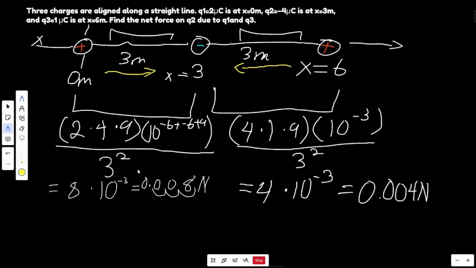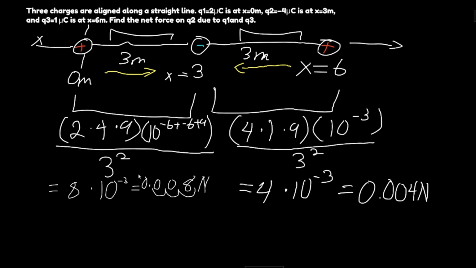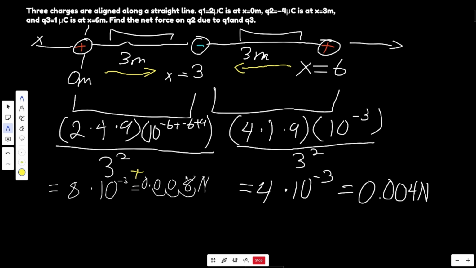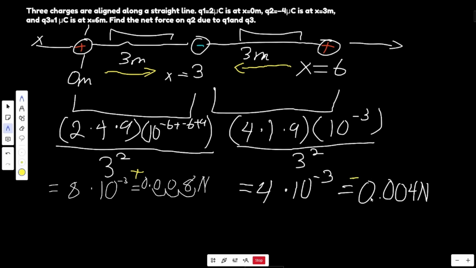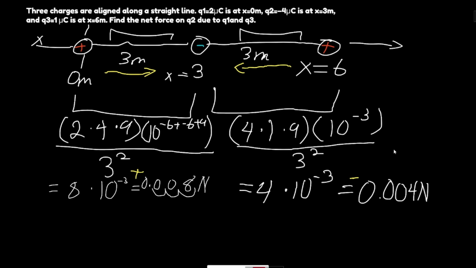And if you want to add signs just so that it's easier to visualize, or solve rather, the first half of our problem, Q1 and Q2, experiences a positive force, 0.008 positive. And the right side of our problem experiences negative 0.004 newtons, because they're going to cancel each other out.